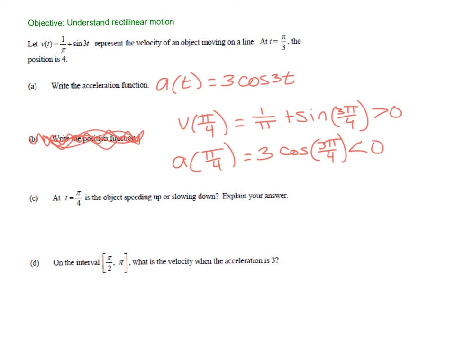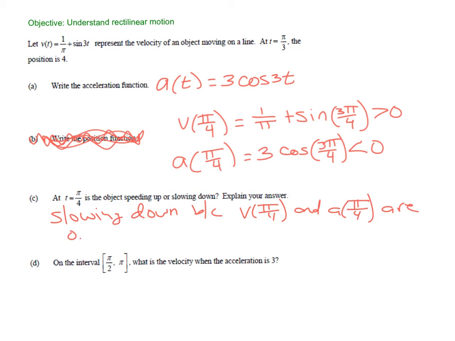That's less than 0. So this is slowing down because v of pi over 4 and a of pi over 4 are different signs, or opposite signs.